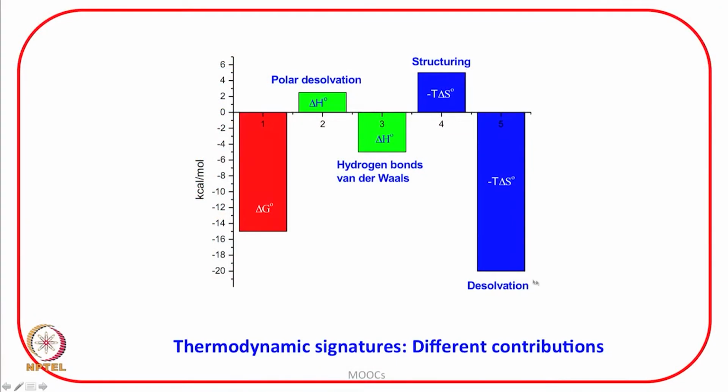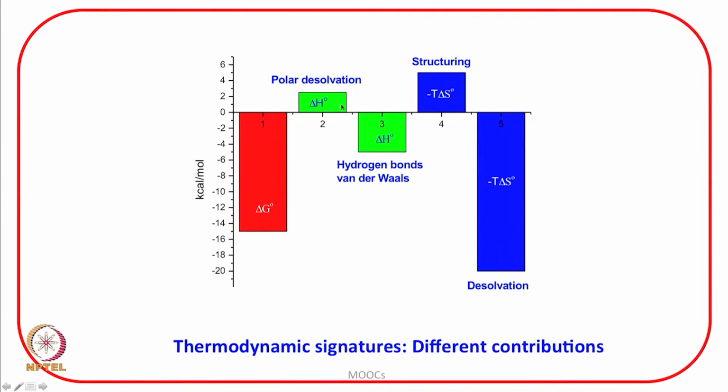Now, let us take a look at the general guidelines which can emerge from this kind of discussion. This slide talks about thermodynamic signature and what the different contributions are. Of course, delta G naught has to be negative for the binding to take place.